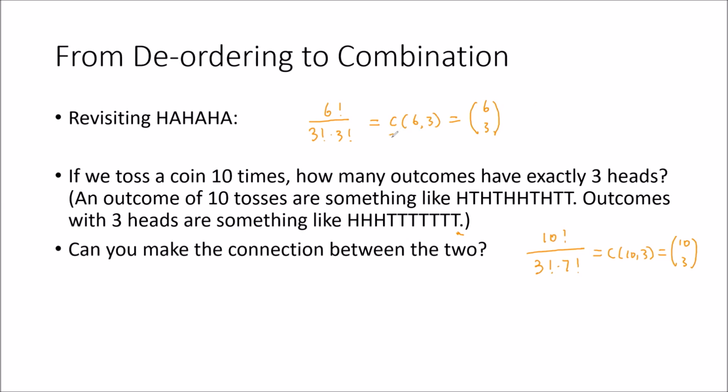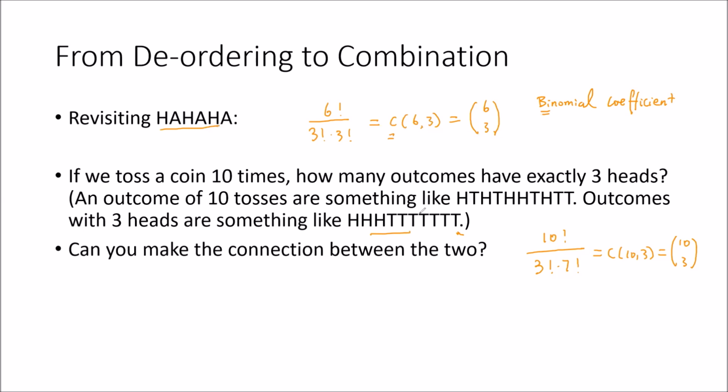This C means combination, and it's also called the binomial coefficient. It has something to do with the binomial theorem, binomial expansion, or binomial formula. This bi literally means there are 2 things. You have H's and T's.